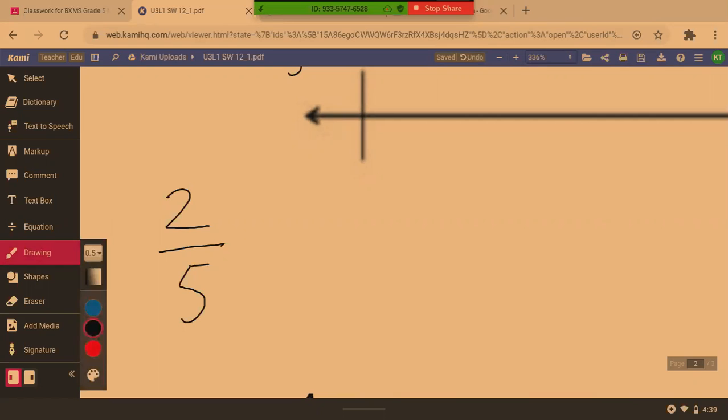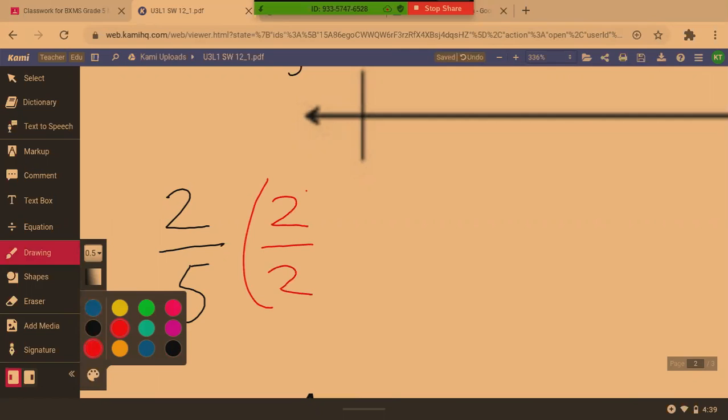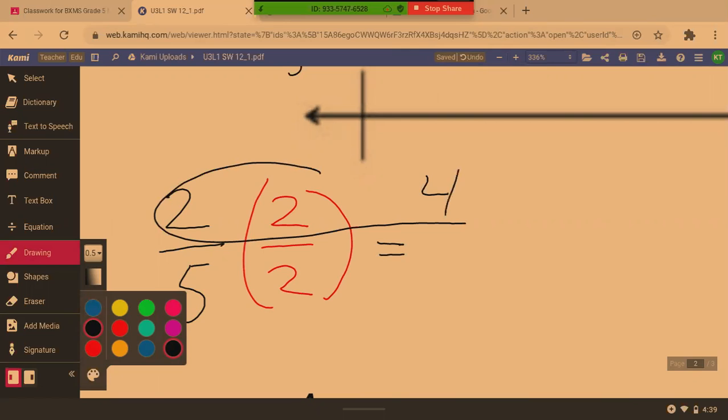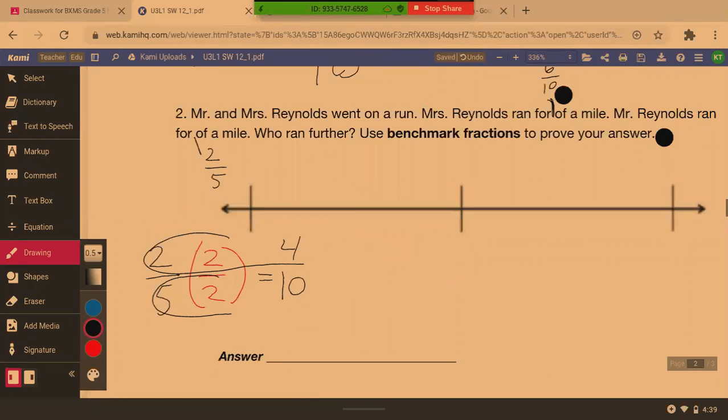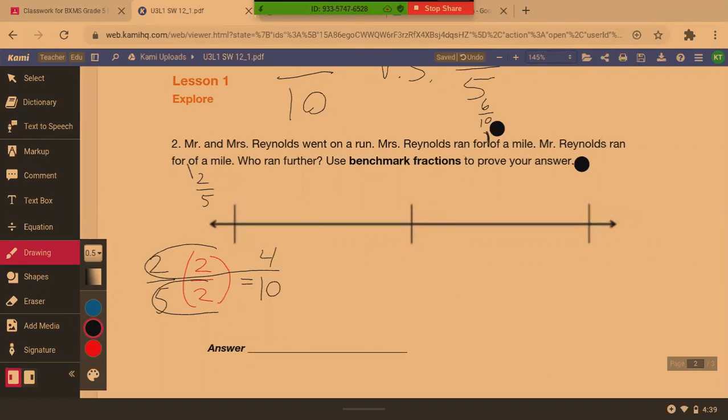I know you're probably annoyed at how easy it is. 2. So let's manipulate that to see what we get. So 2 times 2 equals 4. And then we're going to do 5 times 2 equals 10. 4/10. So now we are comparing.